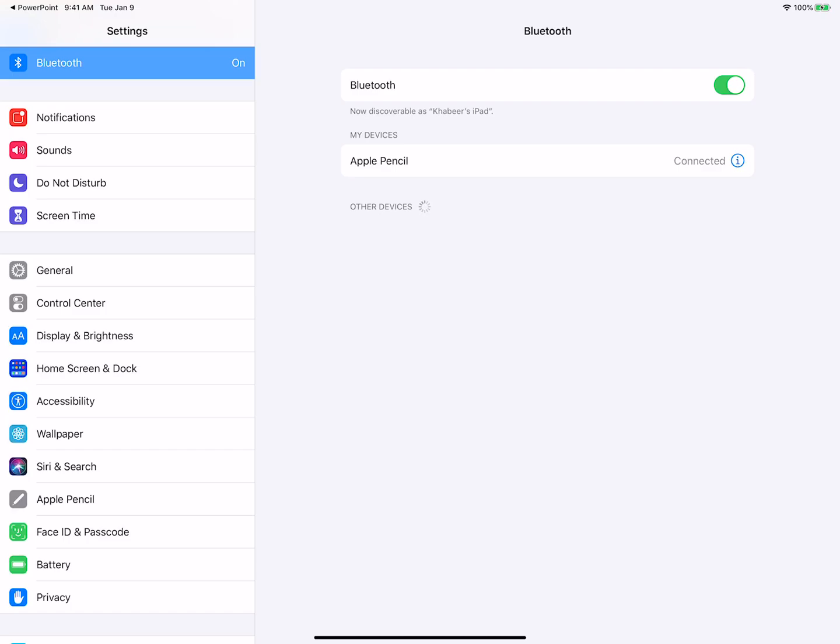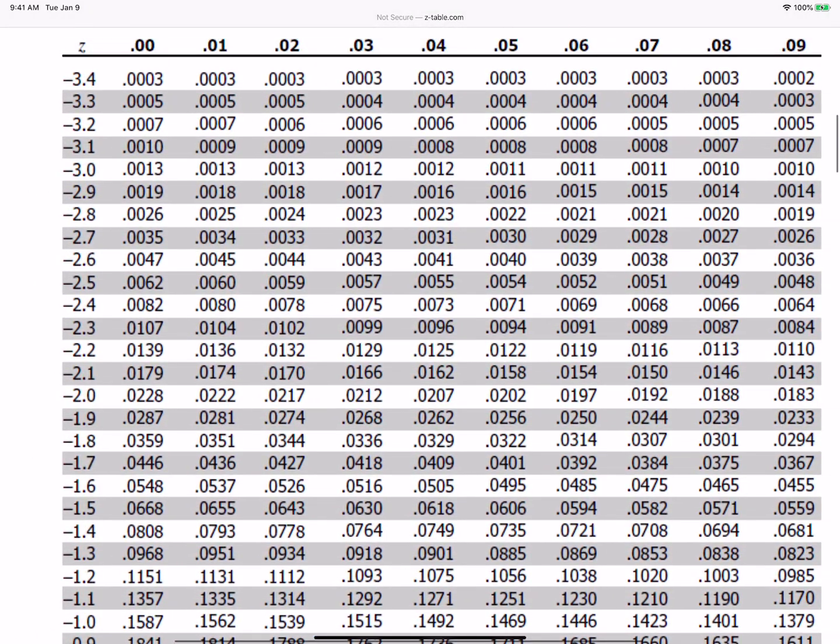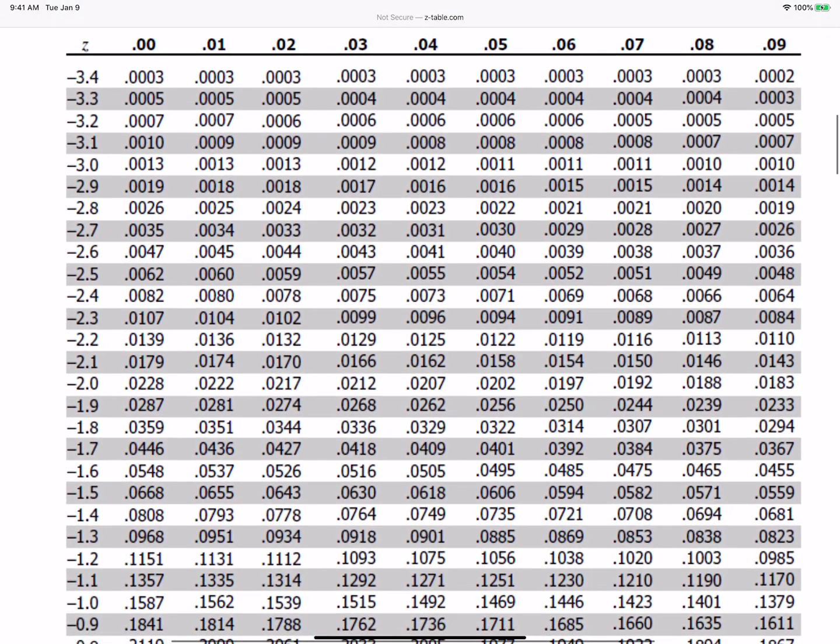Okay, I'm just going to say technical difficulty. I won't be able to show you how I found it, but you've got to go down on the first column, that Z column.